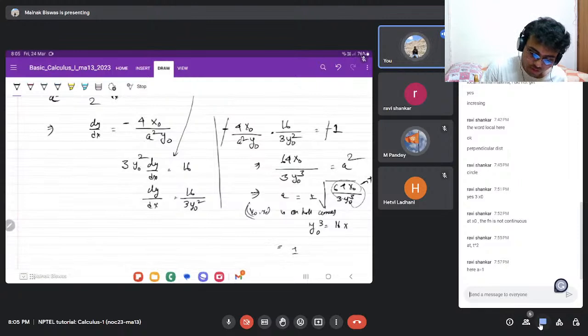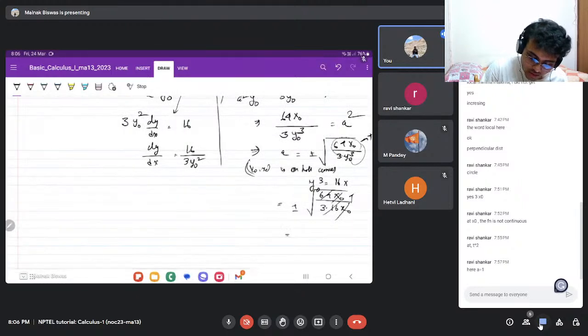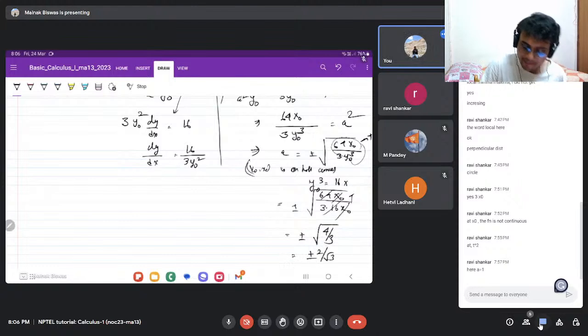Or you can just put it if you want to visually see x naught by 316 x naught, 4. This is plus minus root over 4 by 3 or 2 by root 3. Understood?